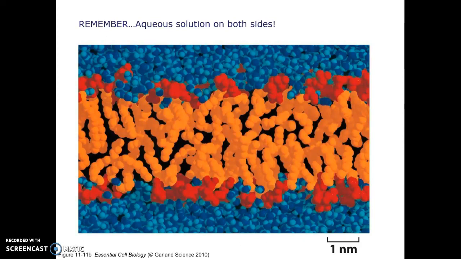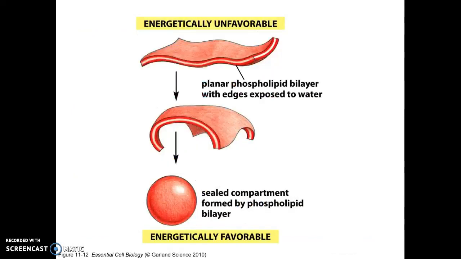Sugars are polar, and the phospho is polar, and the head group is polar, and so those are going to interact with the water and create the phospholipid bilayer. So they are naturally going to attach to each other because the lipids are going to want to stay away from the water, and the best way to do that is to attach to other lipids.